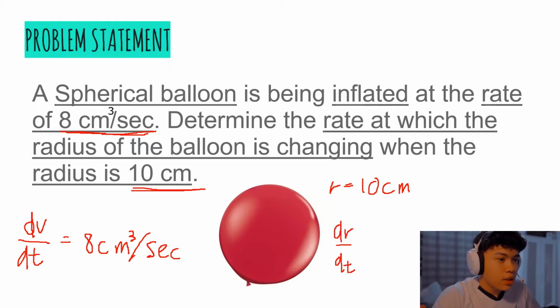These are all the information we can take from the question. There are two ways to solve this kind of question. The first is by using the chain rule method, and the second is by using the implicit method. Now moving on to the chain rule method, which is method number 1.